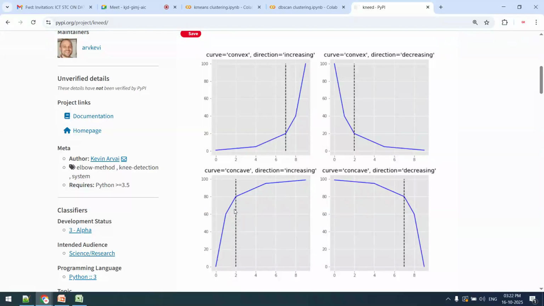You can see that from 0 to 2 there is a big diversion, so this is the cut. This particular line is deciding that after this point it is getting stabilized. The same thing is happening here.